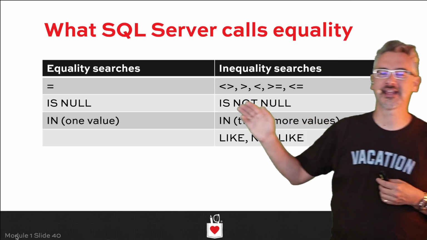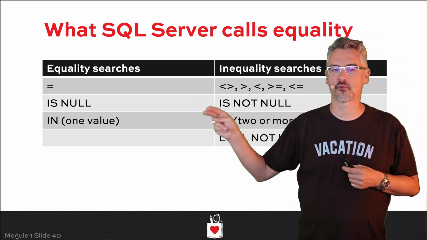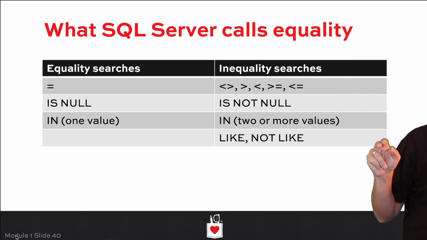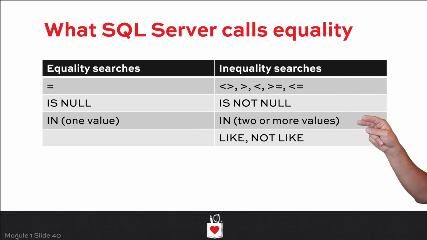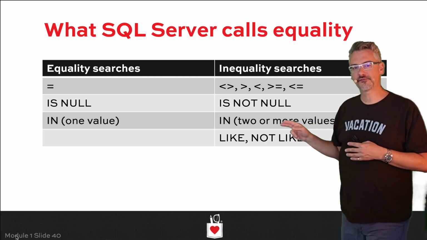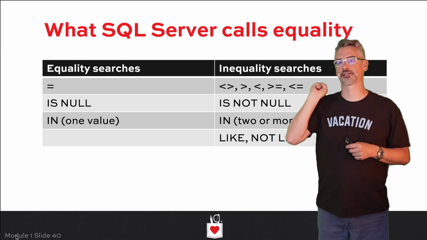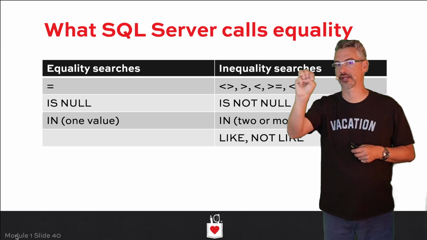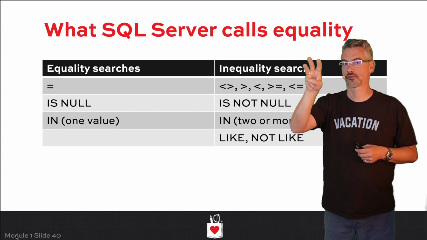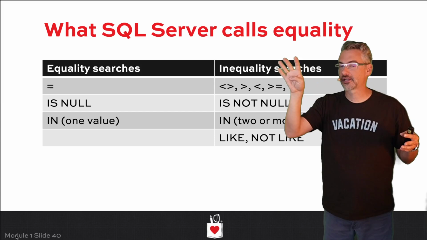If you have an in clause that has exactly one value, SQL Server calls that an equality search. Whereas if you put two or more values in your in clause, then it calls it an inequality search, which is kind of funny. Because if you have an in clause with, say, exactly two or three or four values, what SQL Server really does is two or three or four index seeks.